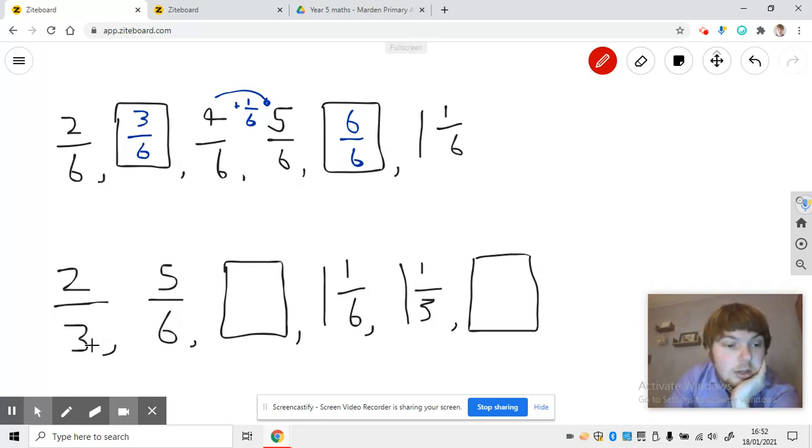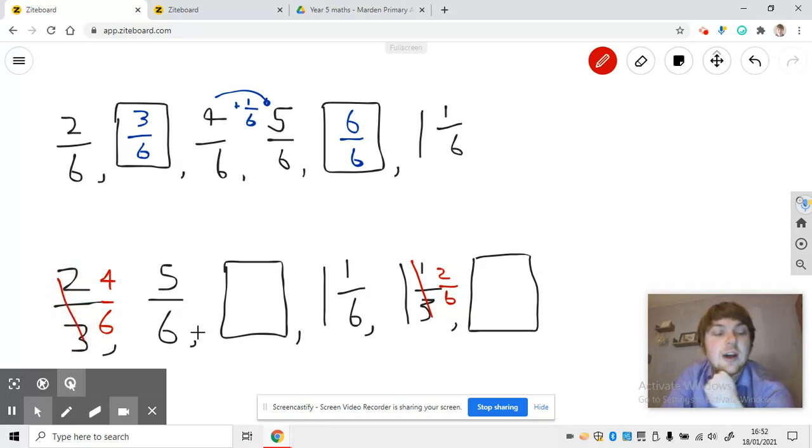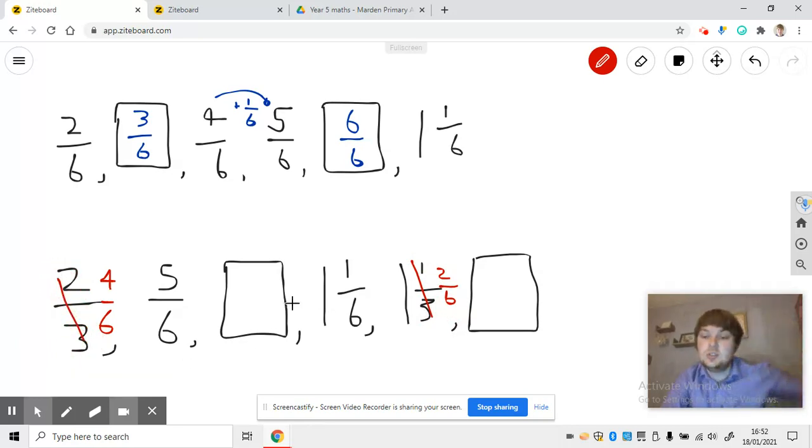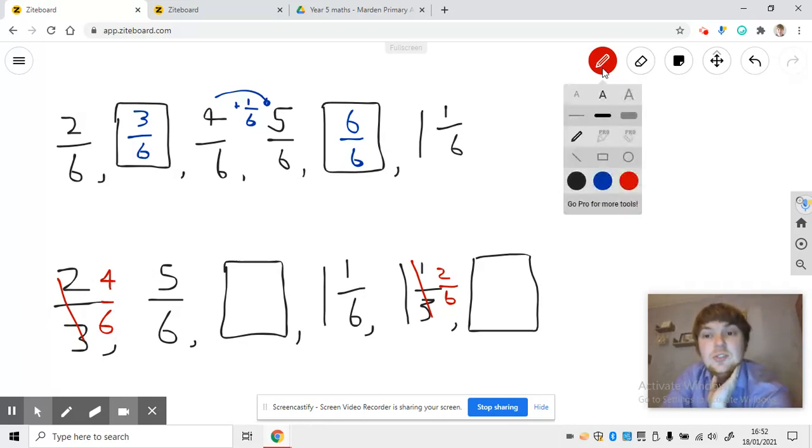So what we could do, we could make this 2/3 into 4/6. And we could make our 1 and 1/3 into 2/6. So suddenly, instead of having thirds and 6, what we can see we're doing, just as we did last week with that conversion, is that we can go from 2/3 to 4/6, and therefore see our pattern that emerges.